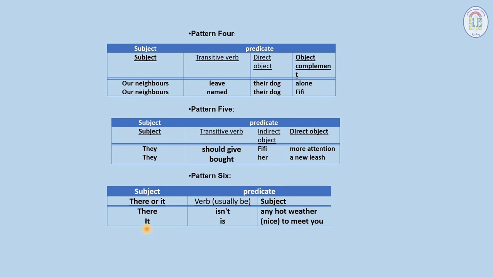Or it can be with impersonal pronouns, when the verb usually is the verb to be, of course, plus a subject which comes after. So where is the subject? We don't have a subject. There and it are impersonal, and the subject comes after the verb, and this is normally an exceptional case. And here we have isn't any hot weather. Any hot weather is considered as the subject in this sentence.